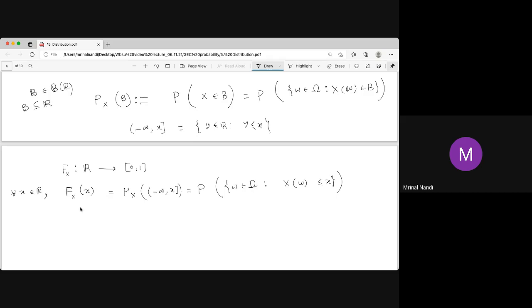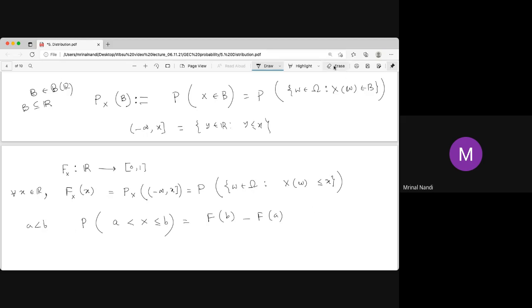But interestingly, if I say your Fx is this function, then finding the probability that X belongs to the interval from 2 to 3 is easy. If you want to find the probability that a is less than X less than or equal to b, this is just F of b minus F of a.